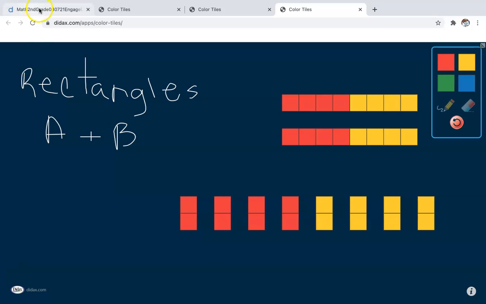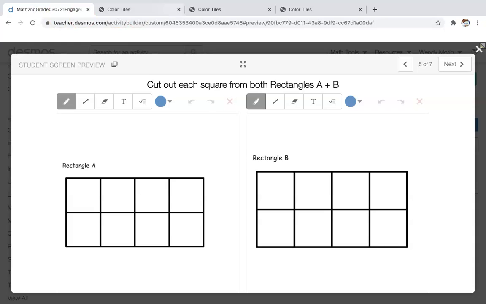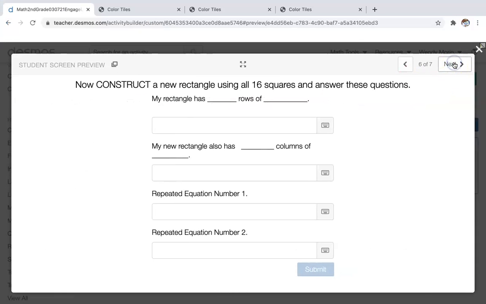So let's go back to our lesson and put those numbers in here, what they look like when I put them together. So I constructed a new rectangle using all 16 squares. Now my first one had 2 rows of 8. So I had 16. All right. My second one had 8 columns of 2, and that's 16.